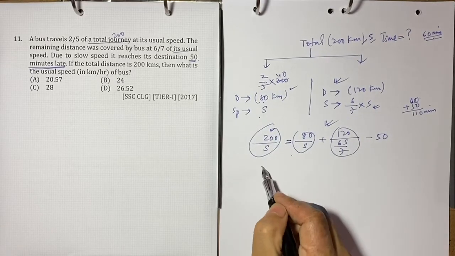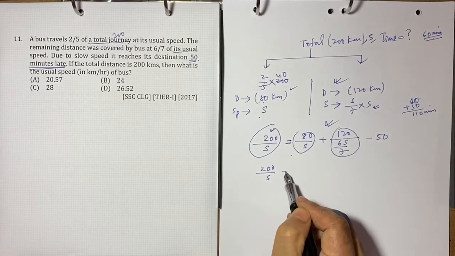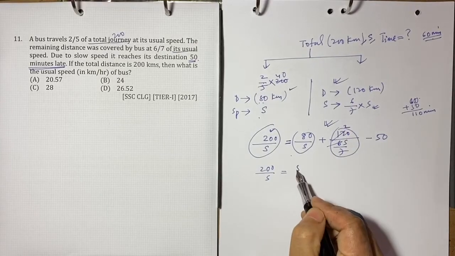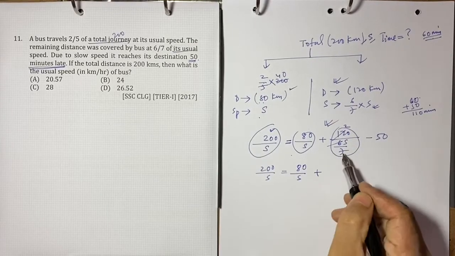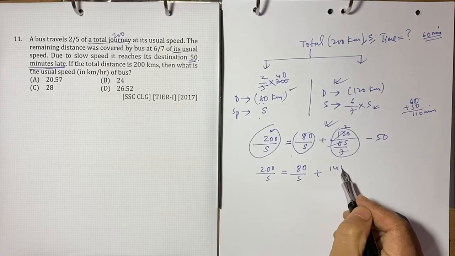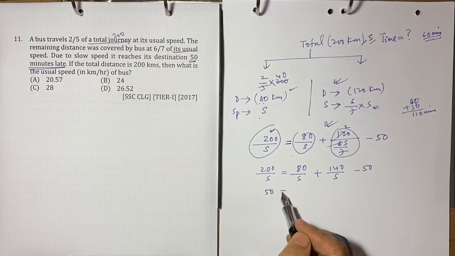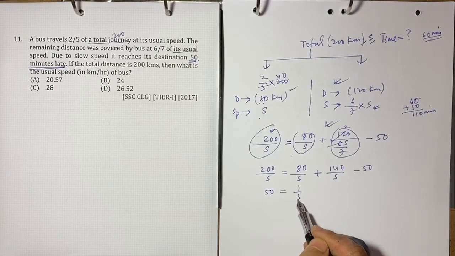So it's 200 divided by s in 10. So this will cancel. I will get 20. So 80 divided by s plus, solve it. I will get 140 divided by s minus 50. Take 1 by s common.